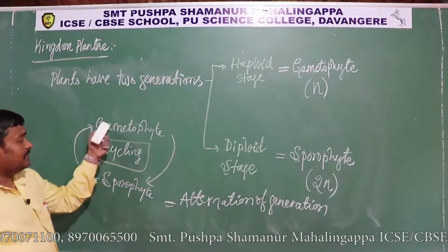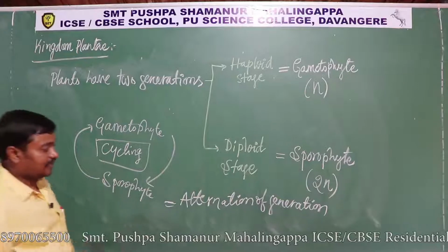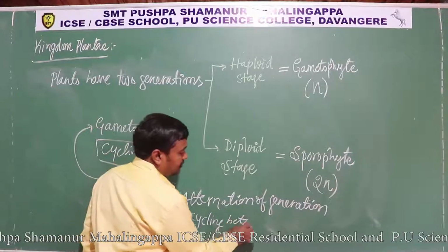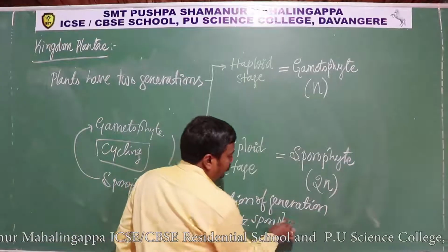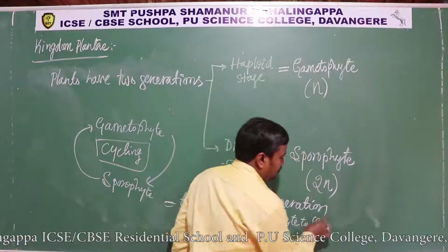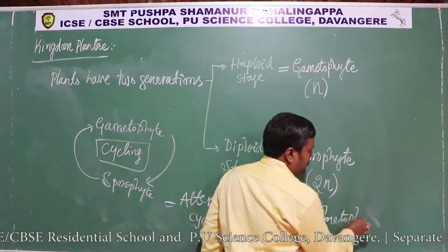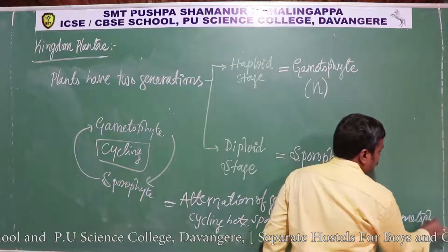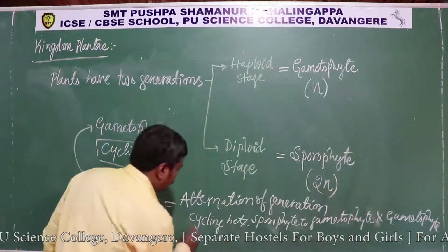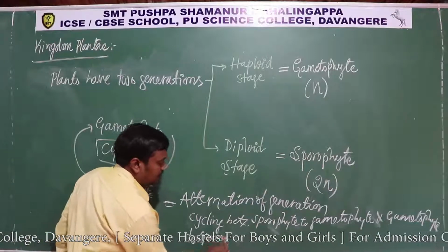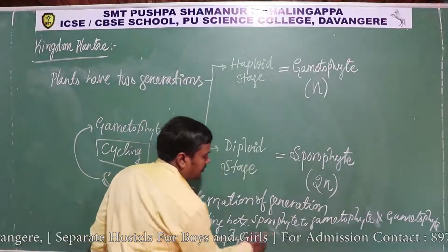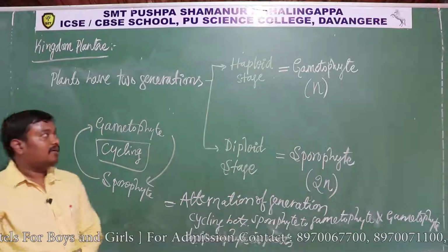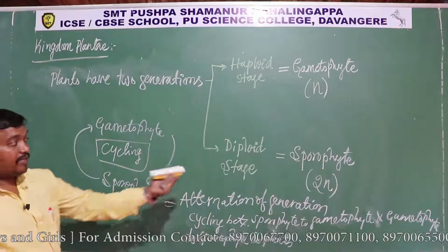Cycling between gametophyte to sporophyte and sporophyte to gametophyte in plants is called alternation of generation. Okay, so we also call them the gametophytic generation and the sporophytic generation.